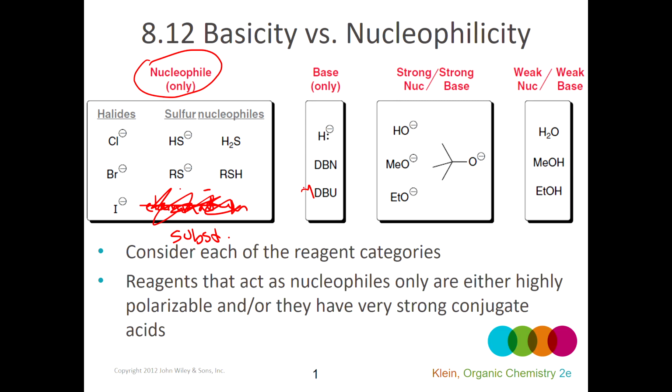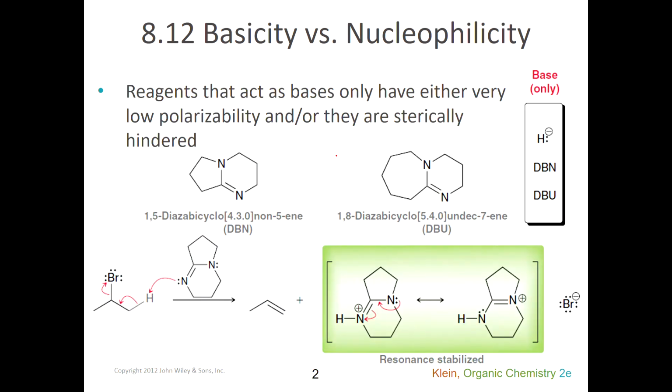One of these bases, if you forget what the structure of these look like, it's right here. These are bases. They're relatively sterically hindered, so they're not likely to come in and get all the way into the electrophilic center and do a substitution. They'll pretty much go for the beta proton, and these are all pretty decent bases.